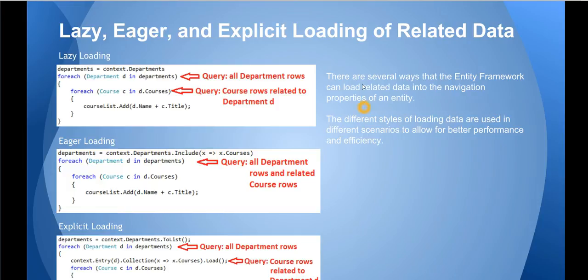The first good chunk of the tutorial just walks you over the different kinds of loading that ASP.NET can do. There's lazy, eager, and explicit, and there are different performance issues related with each one. So depending on what you want to do as far as better performance, you can choose lazy, eager, or explicit.